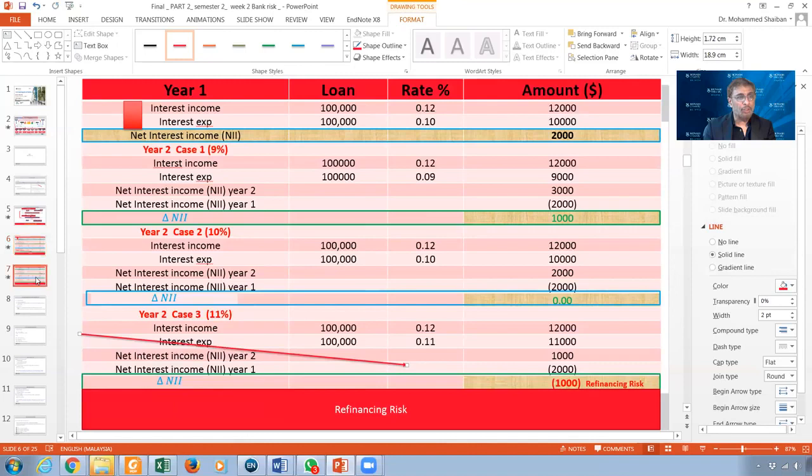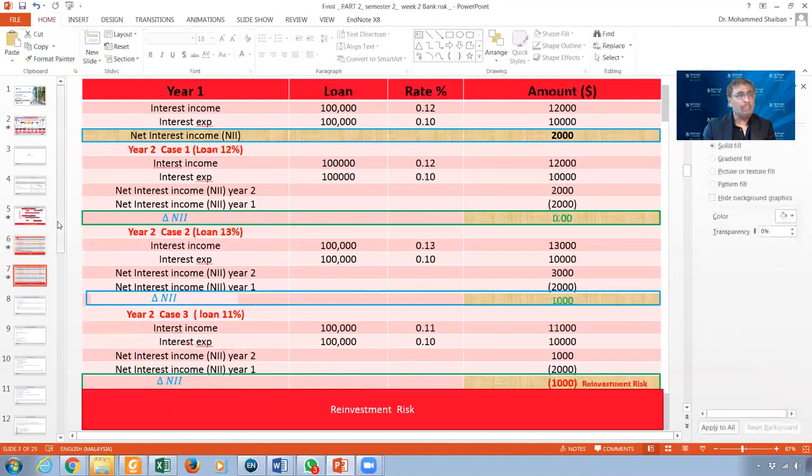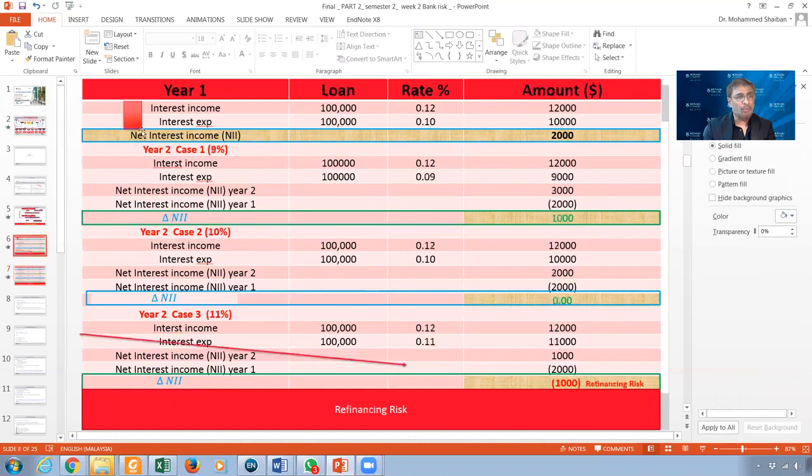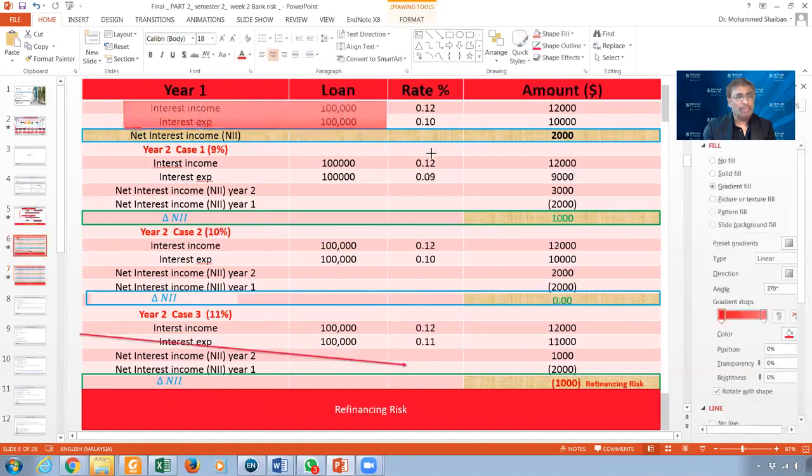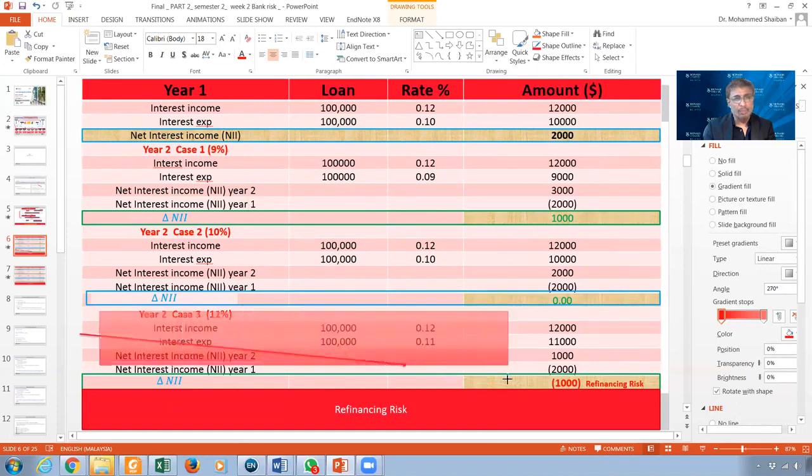Now let's talk about case 2, which is actually similar to what we said. So in case 1, for example, as I told you, my risk is in this area, in this box.